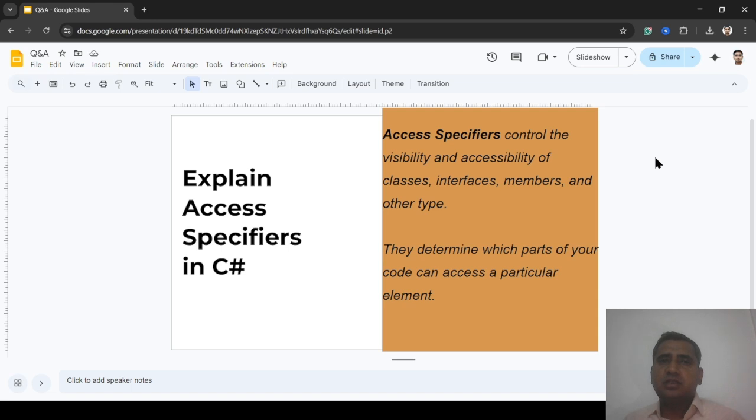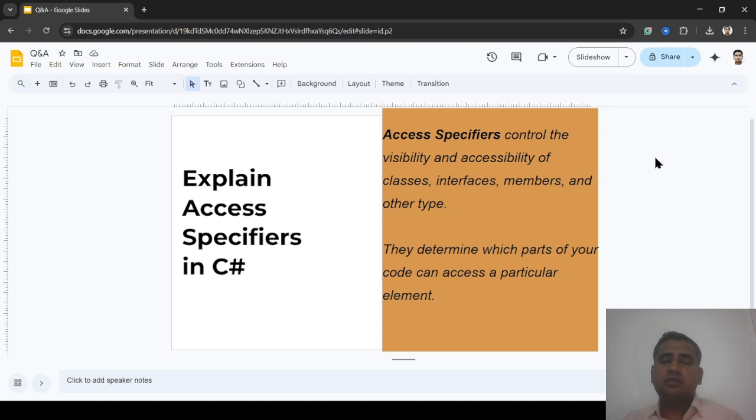For example, if we have a public class that has a private function, then that function will not be accessible outside that class. That is the role of the access specifier, for a derived class or any other class trying to access the functions, properties, or fields of another class.